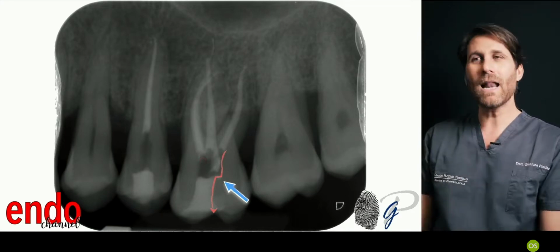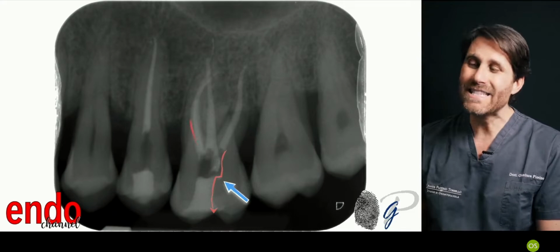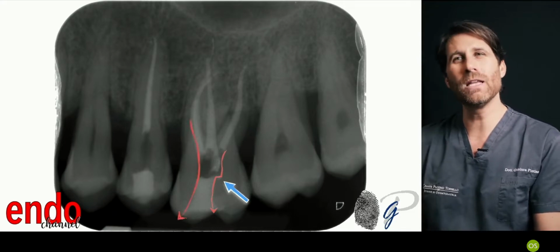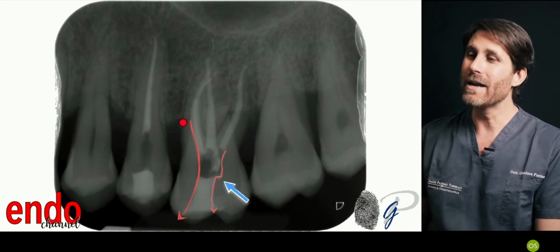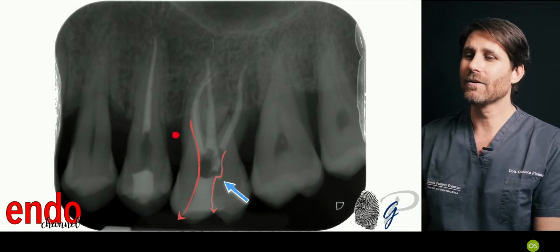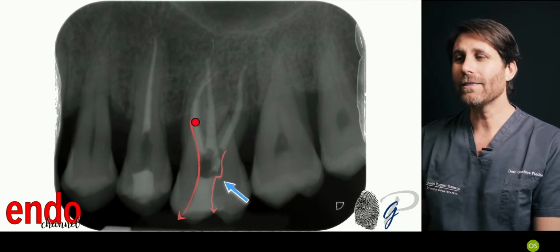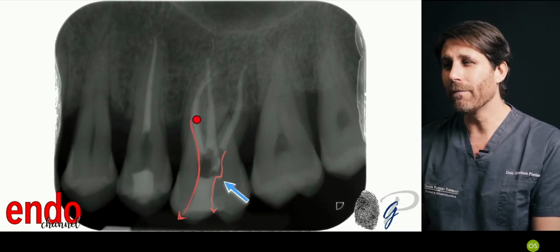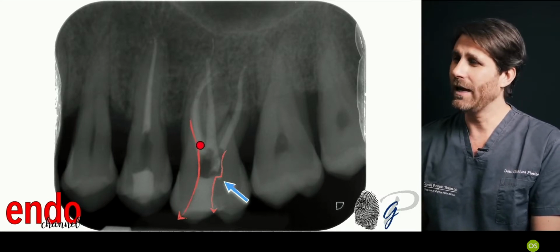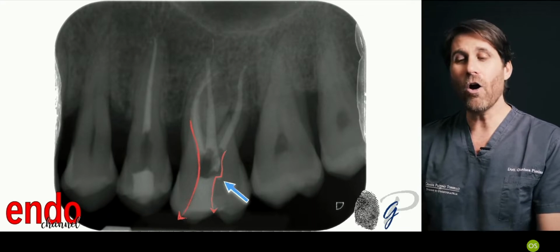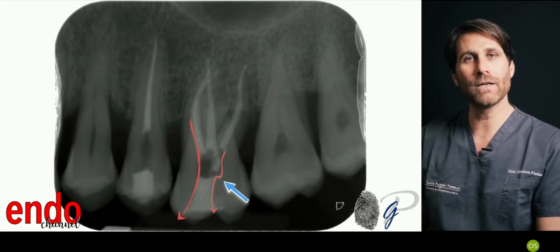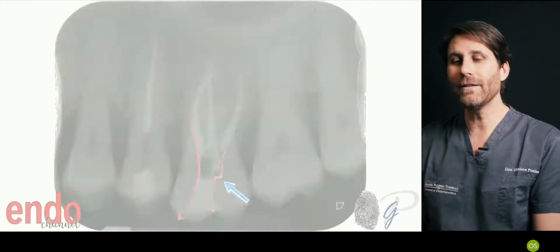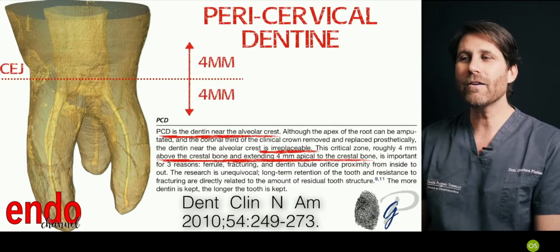While on the mesial aspect of the teeth, usually it's difficult to maintain the soffit because we need a better entrance to the mesial root canals, but we can maintain this coronal dentin. This coronal dentin below and above the orifice is of very much importance in the fracture resistance of the tooth. And this dentin is called pericervical dentin.